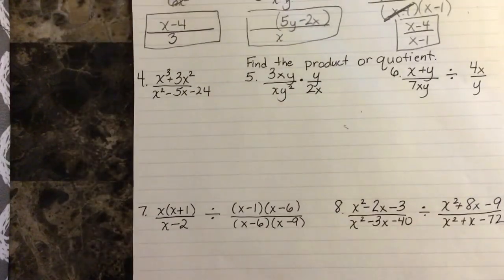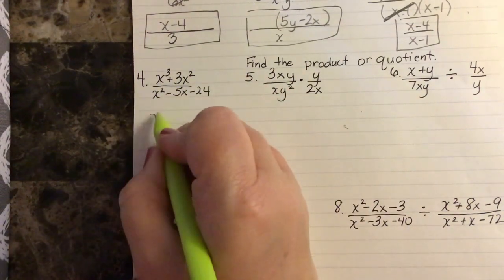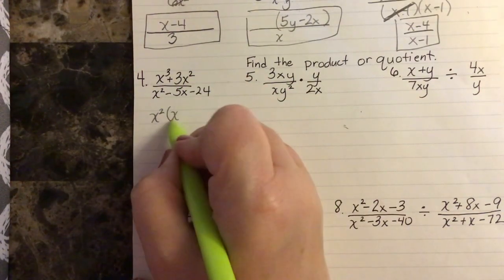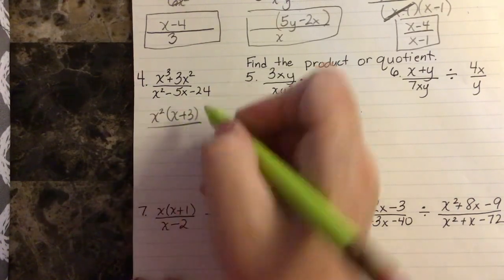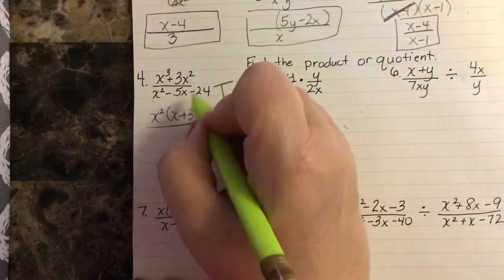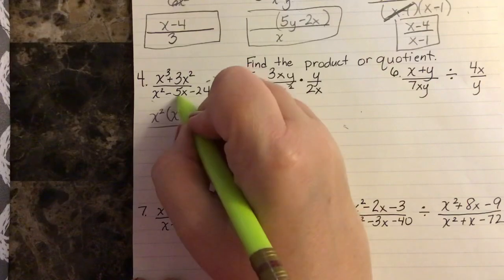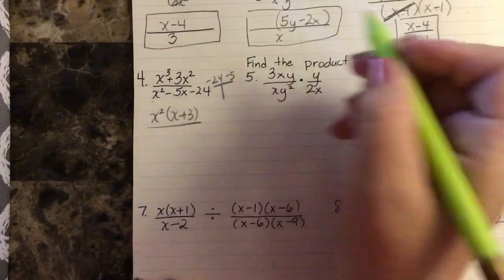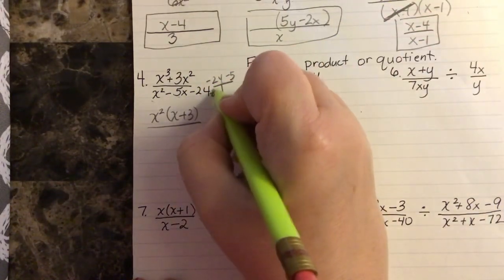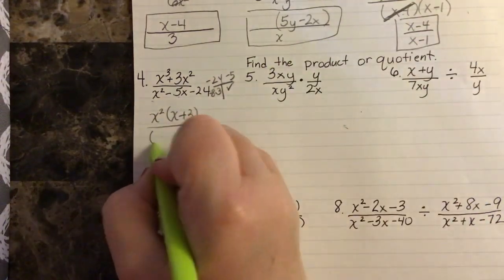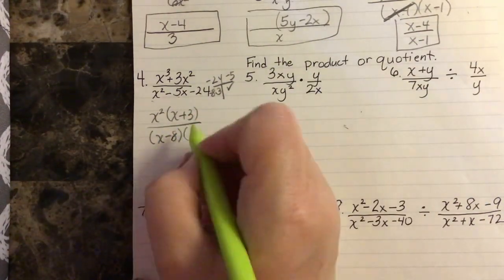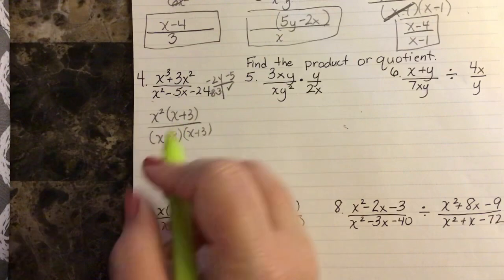Moving on to number 4, I have a binomial and I have a trinomial. My binomial has a common factor of x squared. My trinomial, can I find factors of a times c that will give me a sum of b? Yes, negative 8 times positive 3. So x minus 8 times x plus 3.